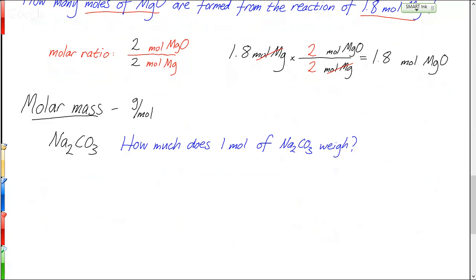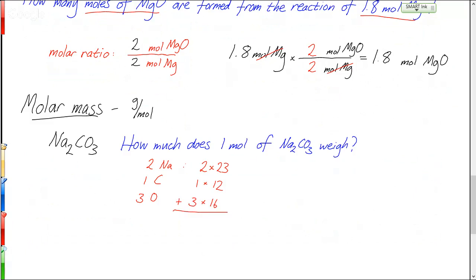We're going to add up the individual amounts. So we can say that there are 2 Na's in here, 1 C, 3 O. So that means we're going to multiply 2 times the mass of sodium, which we'll just round to the whole numbers, 1 times the mass of carbon, 3 times the mass of oxygen.